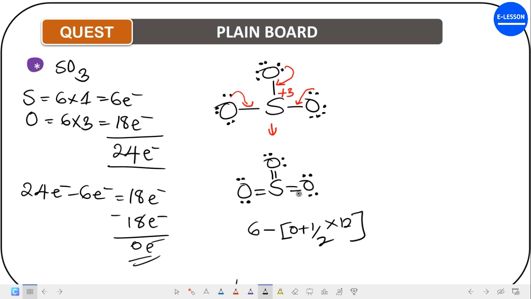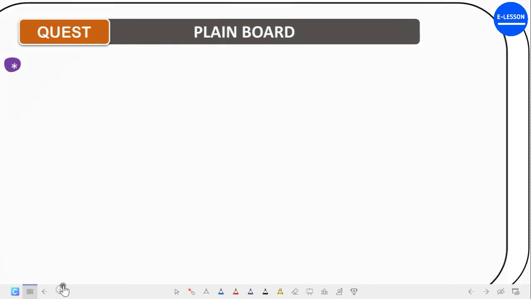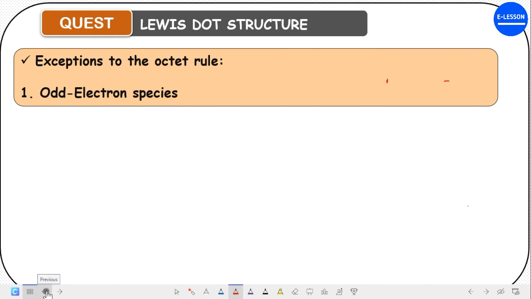Now you can even do this by just counting the number of bonds, 1, 2, 3, 4, 5, 6. Just include the 6 here without putting the half, because at the end of the day this will also give us 6. Is that okay? So this gives us 6 minus 6, which equals 0. So this is the correct Lewis dot structure of sulfur trioxide, and that is the correct answer to that question.